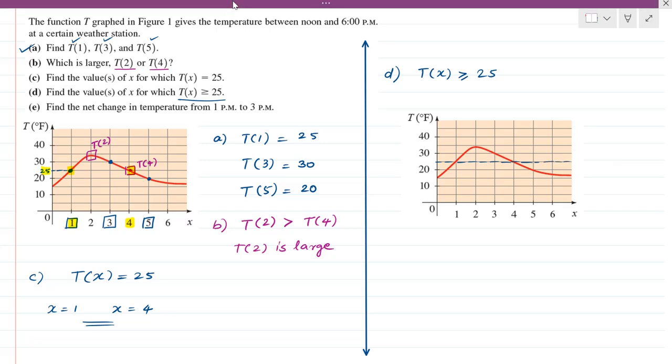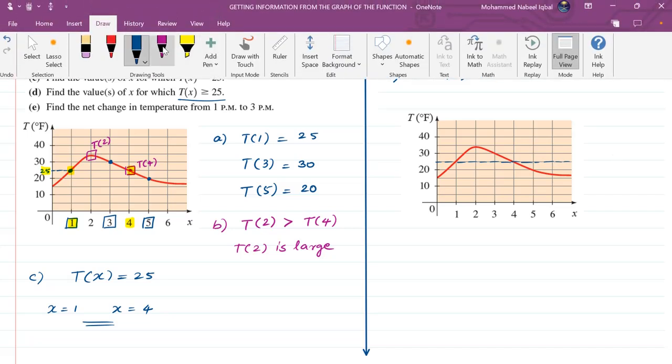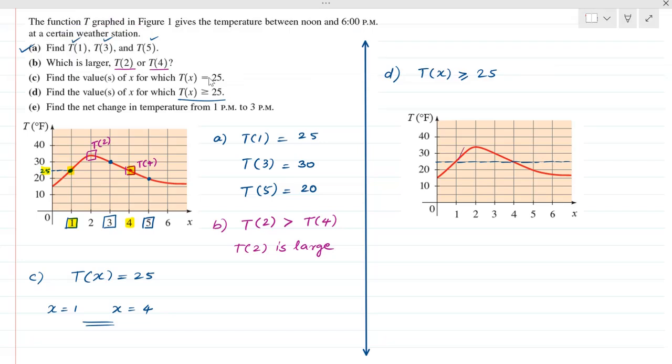This is the range we have. What is the corresponding value of x? The x value is 1 to 4.